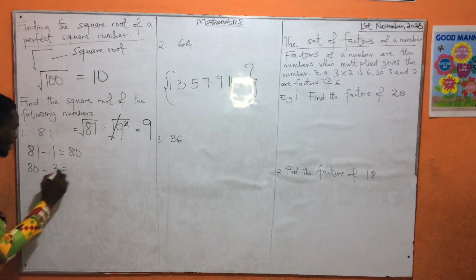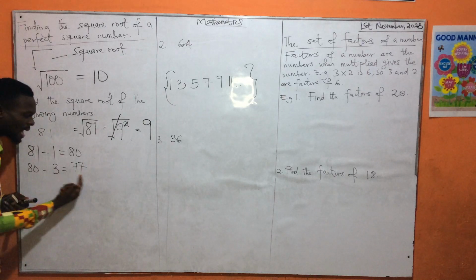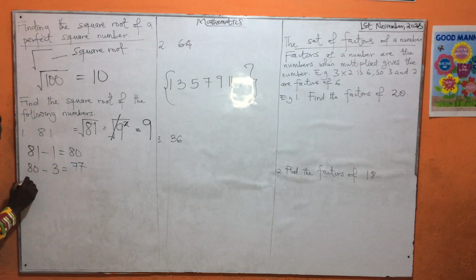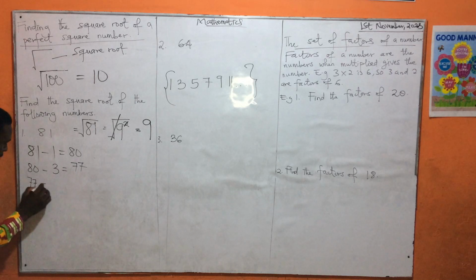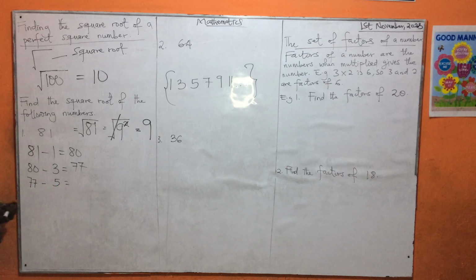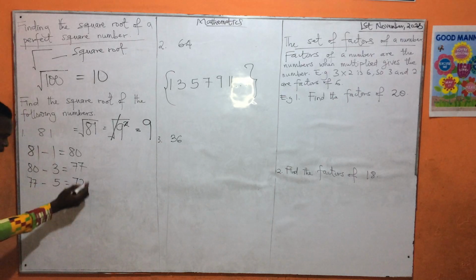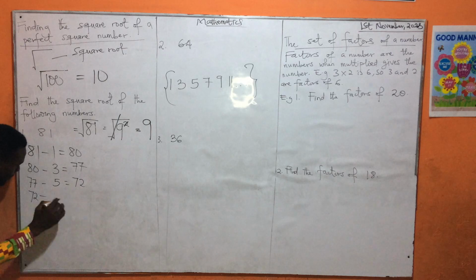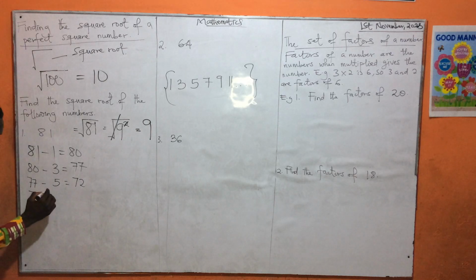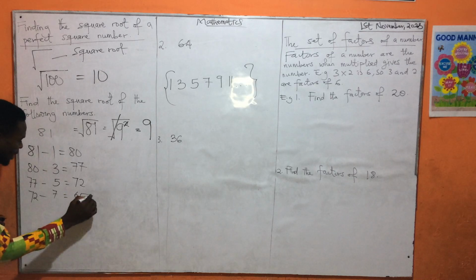And that is giving us 77. Now take the 77, subtract the next odd number, which is 5. So if you subtract 5 from 77, we are getting 72. Then we go again, 72 minus the next odd number, 7. And that should give us 65.